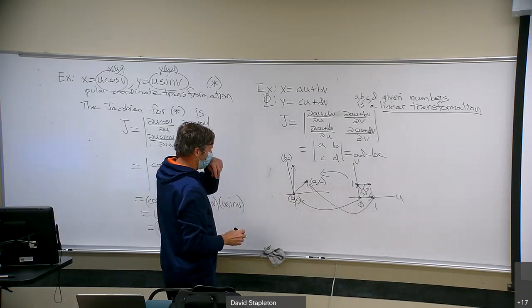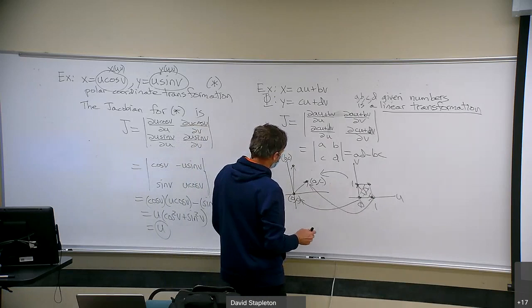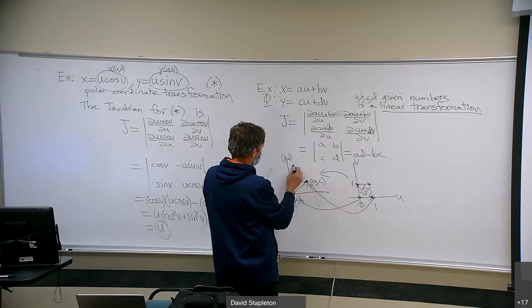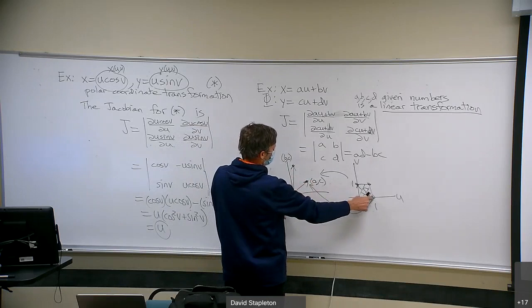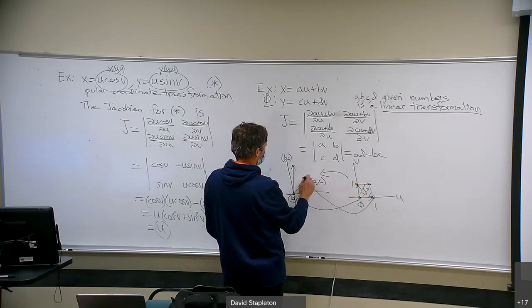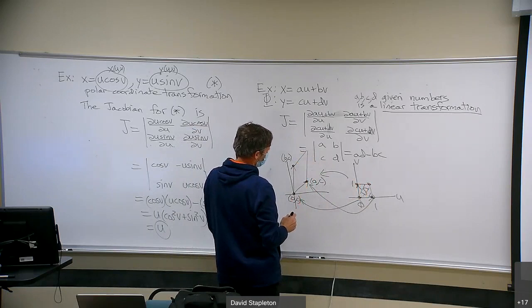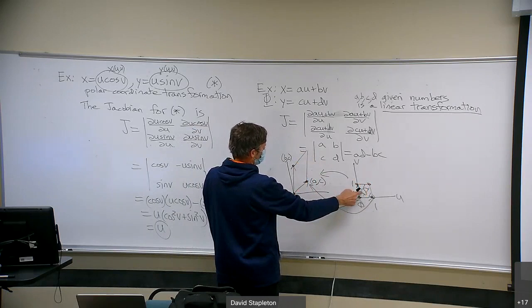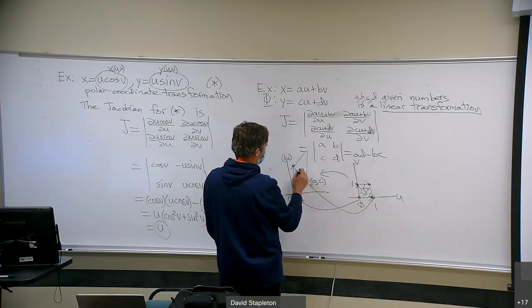And these two sides will plot to parallel vectors by the same token. And what happens is parallelograms in this space, because parallel lines map to parallel lines, will map to parallelograms in this space.